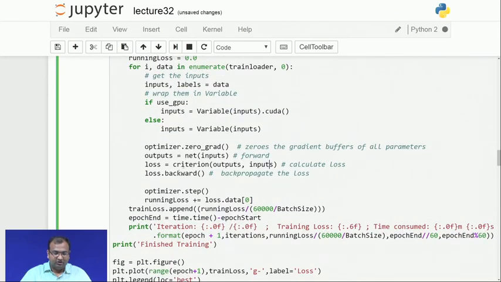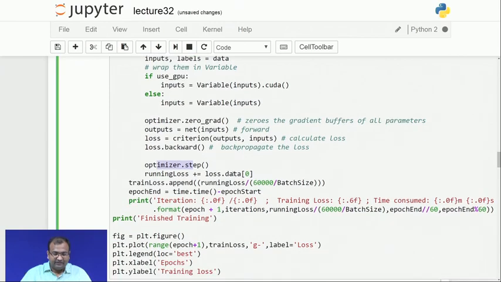Then once my loss is calculated, I need to find out nabla of loss or the gradient of the loss. Once that's done, I do my optimizer dot step, which is to back propagate the whole gradient through the network in order to do error back propagation, and then I accumulate the loss as it keeps going over the batches.